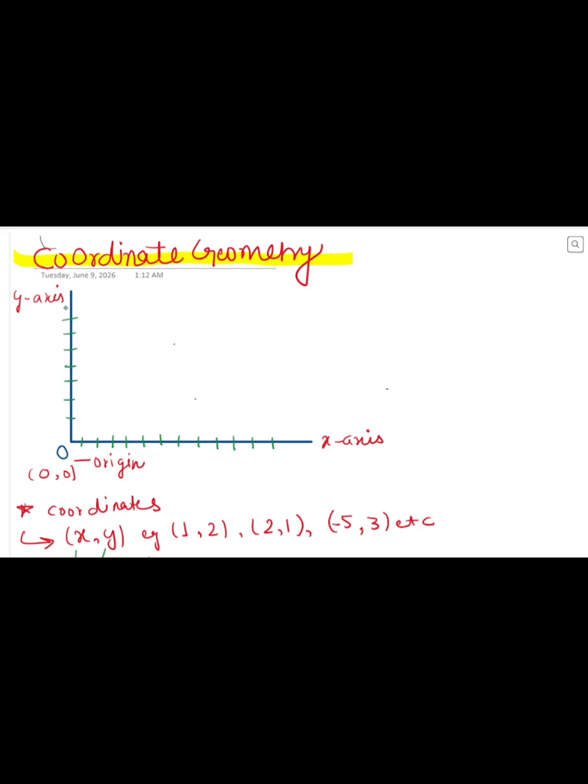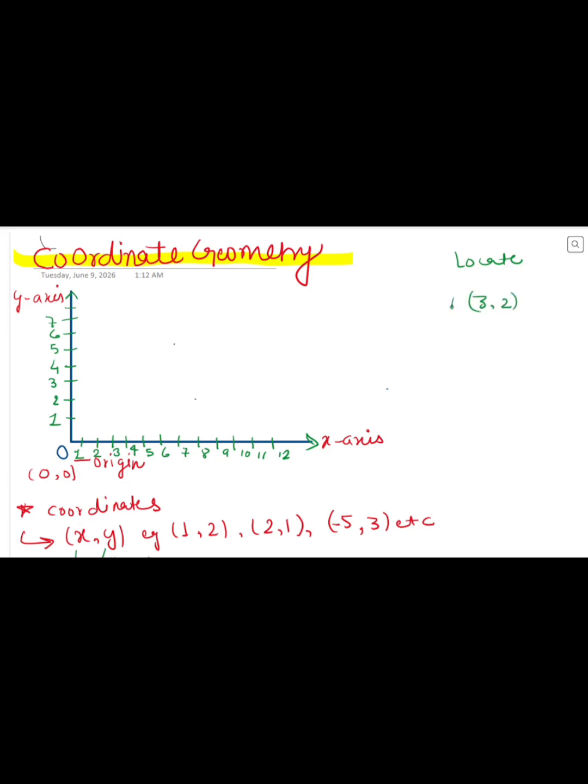Since the origin has already been assigned 0, let's begin with 1, 2, 3, 4, 5, 6, 7, 8, 9, 10, 11, 12, and so on. On the y-axis, 1, 2, 3, 4, 5, 6, 7. That's it. Let's locate a few points, and by the way, points are represented by capital letters.